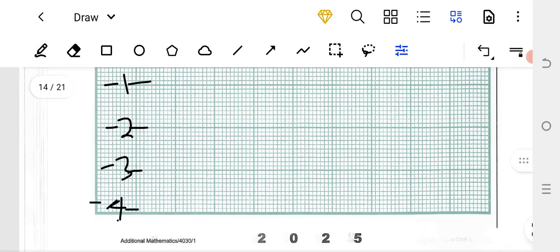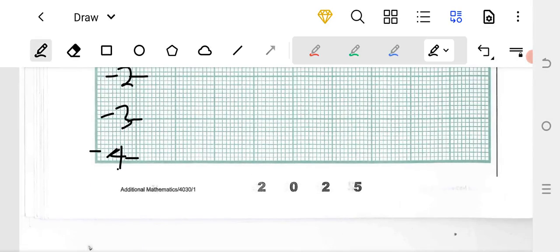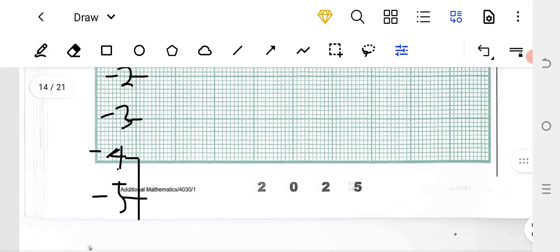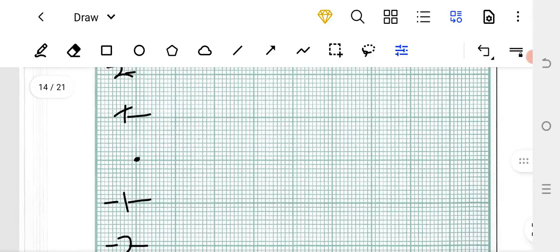Then you also need to put a -5, but there was not enough space, so just write -5 here, extend it down, and say -5. I'll tell you why I'm writing this -5, so that you can understand the working I'm going to provide.